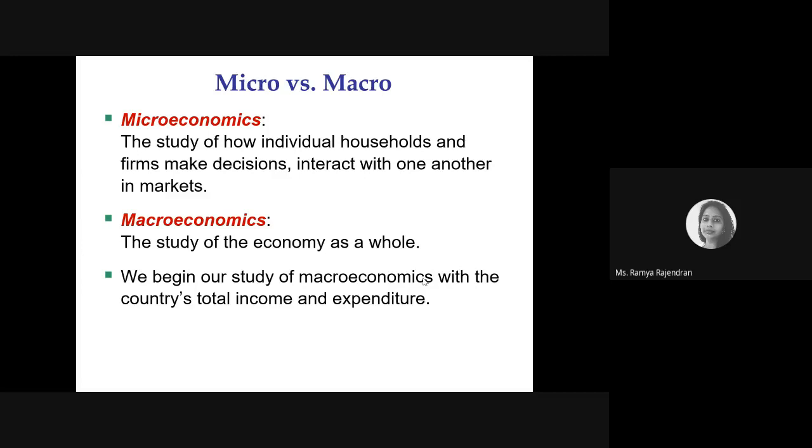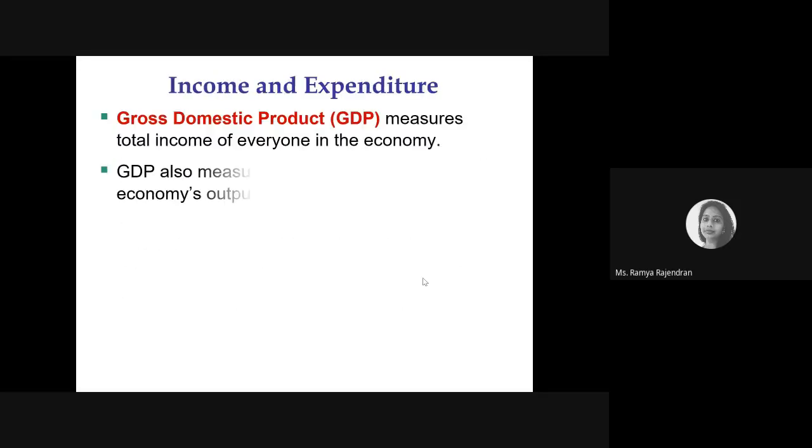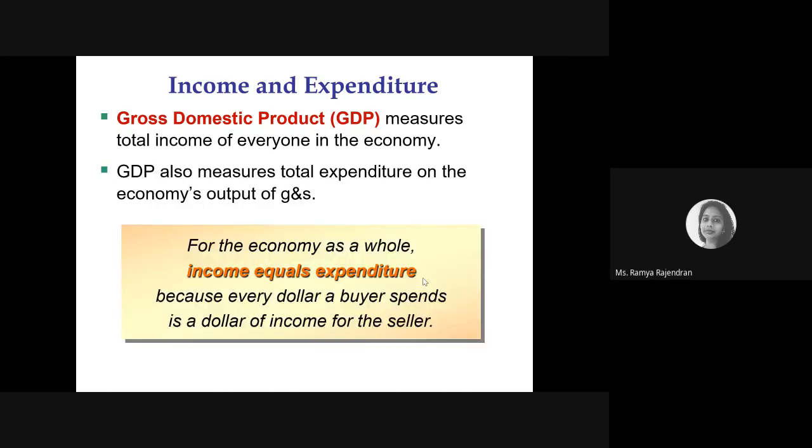Okay, so you can't segregate micro and macroeconomics completely, because they're related to each other. For example, take Walmart. Its income and expenditure is a little higher than a few small countries. So I would say the GDP of Walmart is higher than a few countries.